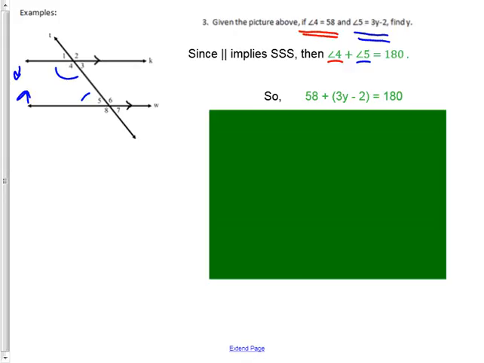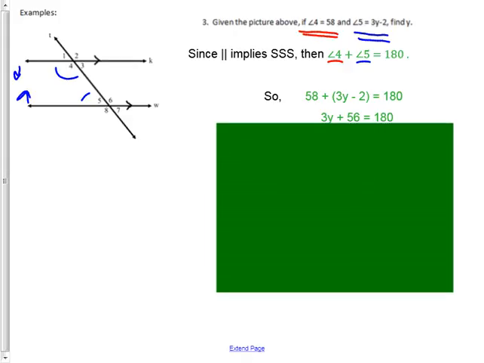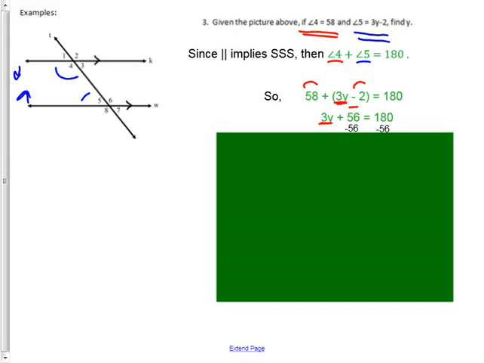Again, we simply have an algebraic equation, so we just solve for y like we've done before. We can simplify both sides. If we have our 58 and negative 2, that becomes 56, and we still have our 3y. So 3y plus 56 equals 180.